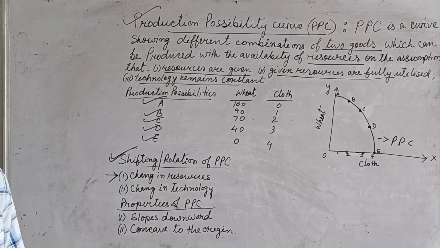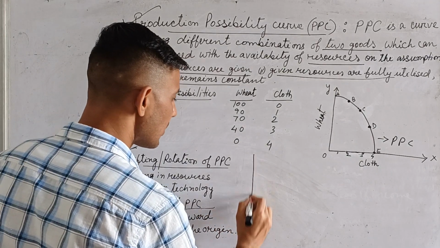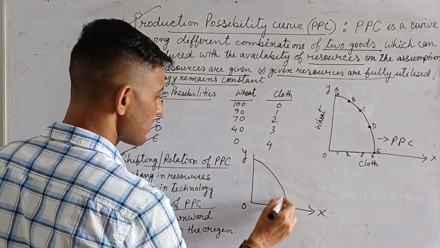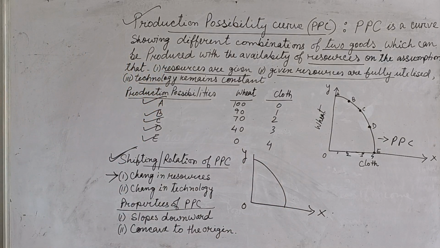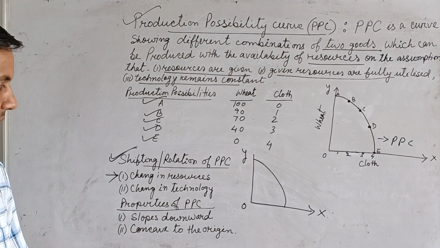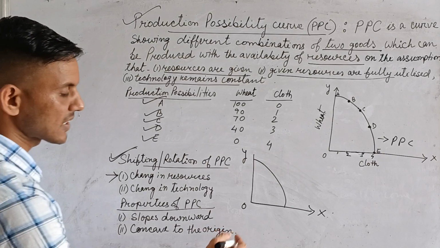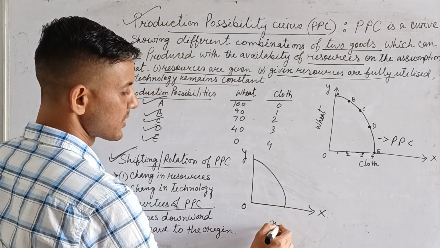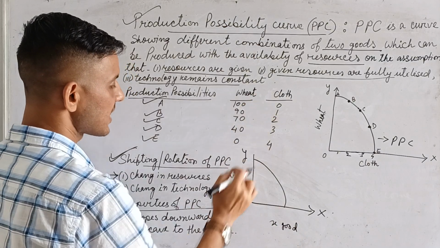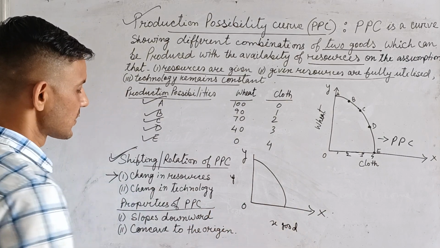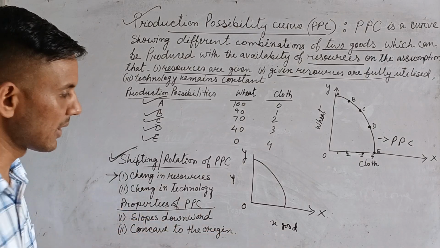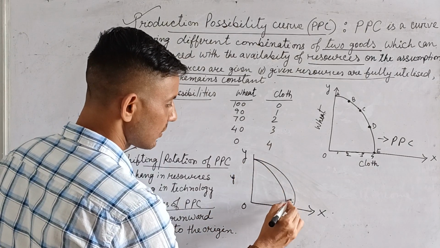Then change in technology. Change in technology also determines the PPC curve. Suppose this one is the original PPC curve. Now if efficient technology impacts only the X product, suppose here we have assumed this one is good X and this one is good Y, for example wheat is good Y and cloth is good X. If efficient technology affects good X, then good X production will increase.